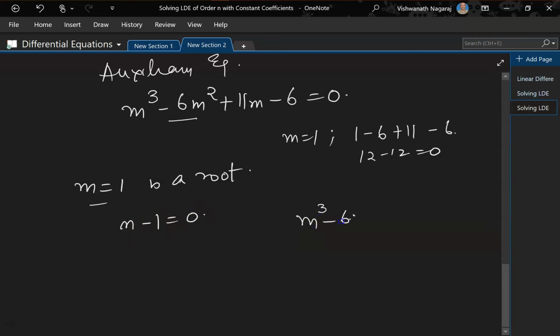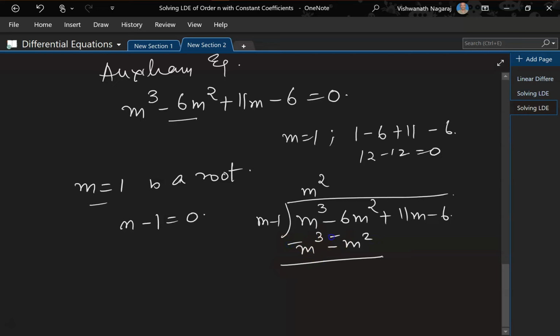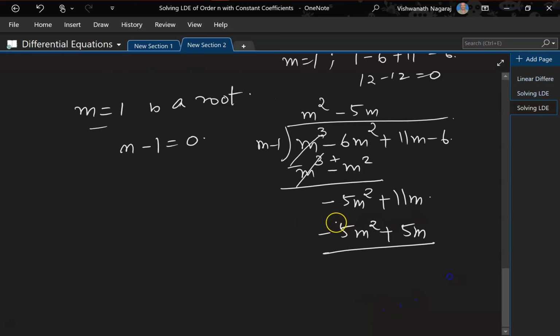m cube minus 6m square plus 11m minus 6 divided by m minus 1. So m square, m cube minus m square. So subtracting, we get minus 5m square plus 11m, and now we multiply it with minus 5m, we get minus 5m square plus 5m.